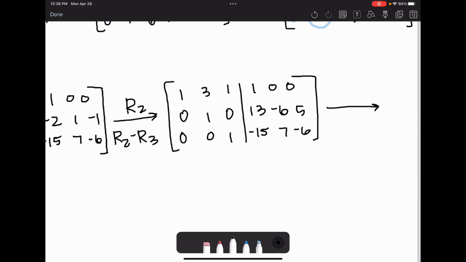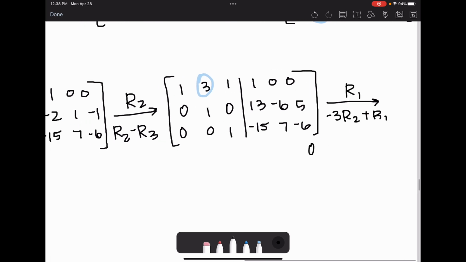And I'm not going to have space to write the whole matrix here, but that's okay. So our next step is to get this to be a 0. So we're going to change row 1, and I'm going to do -3 row 2 plus row 1. So that would be 0, -3, 0. Goodness. Okay. -3 times 13 is -39.